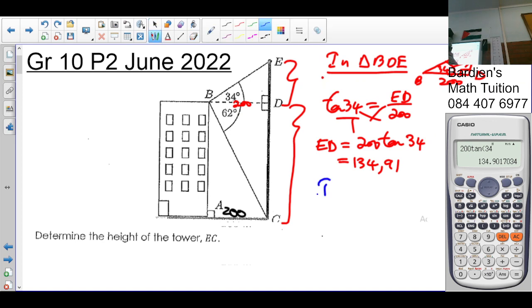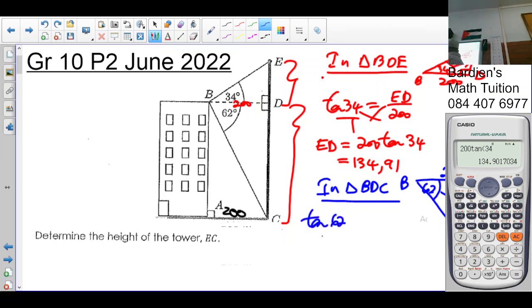Then, in triangle BDC, the triangle looks like that. This is your 90, and that's your 200. The angle BDC we want to calculate is 62. We want to calculate the opposite, and we have the adjacent. So which trigonometric function uses opposite and adjacent? Again, tan.